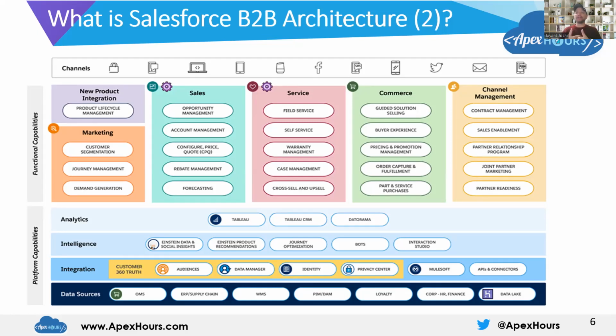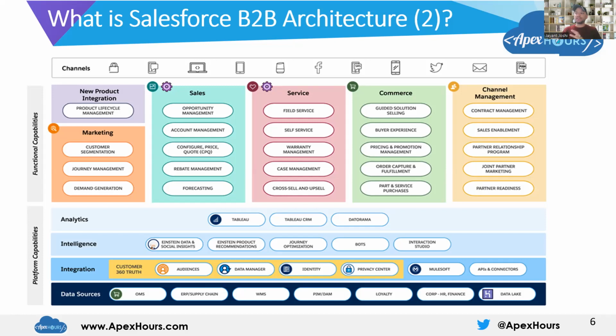interaction happens through multiple channels, right? So it could be via different devices like laptop, your mobile device, your tablets. It could also be via social media. It could also be via phone, direct messaging, right? All those different channels. And then, of course, as I said, for analytics needs, if you map it to the platform capabilities, it's Tableau CRM, data integration.